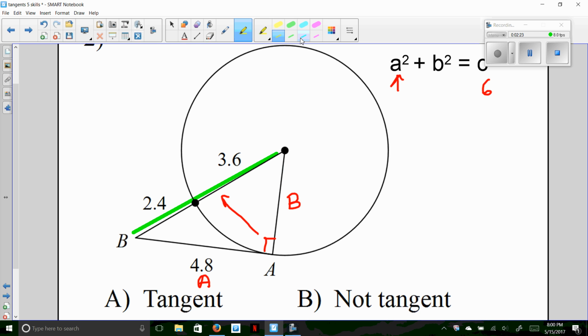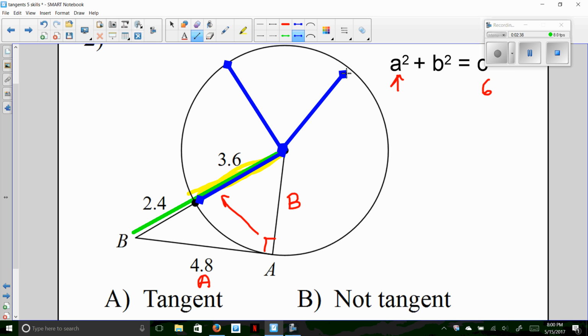What you need to be able to do is recognize what part of the circle this is. This is a radius right here, and no matter what, any radius from the center of the circle will be the same distance. So every radius is 3.6.